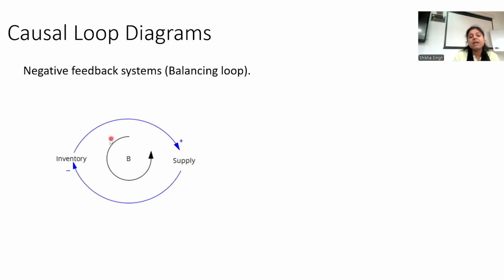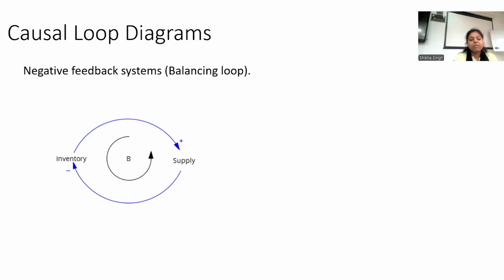So this is the anti-clockwise balancing. You cannot keep on accumulating some particular variable. This is how balancing loops work, where one parameter is giving a positive impact but receiving a negative impact from other variables. That is why the balancing loop exists in the system.